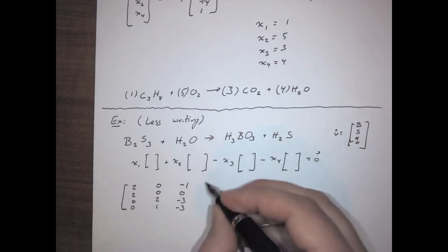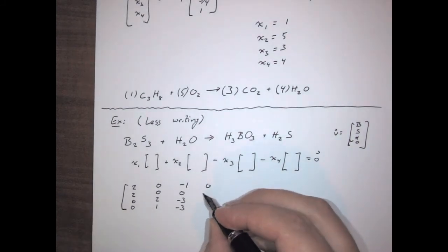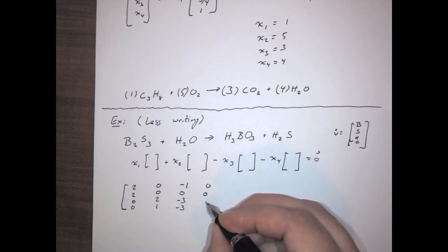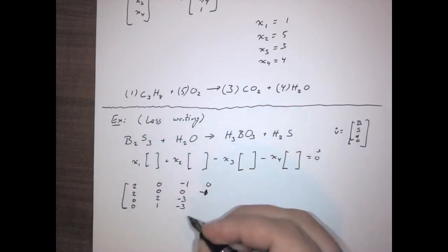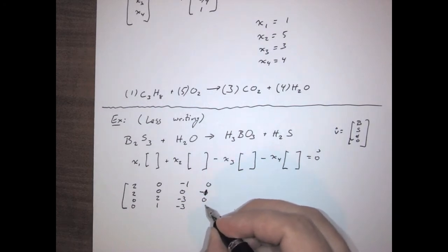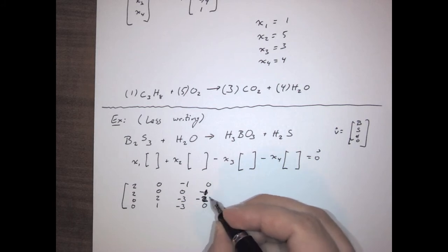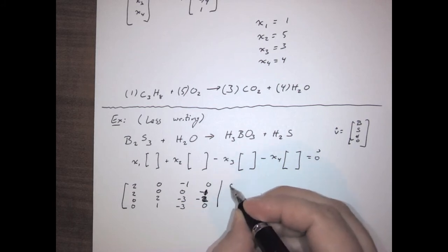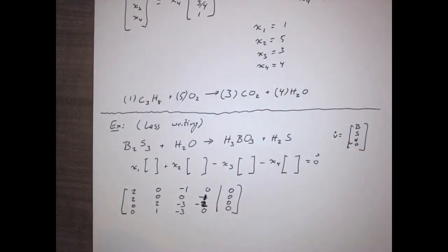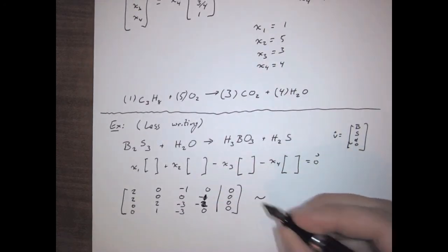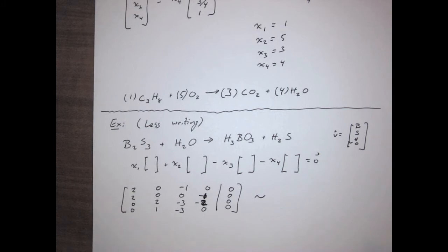And then lastly we have 0 for boron, 1 for sulfur, but it's on the opposite side, so it's going to be -1. And then 0, -2, and then 0. Sorry, getting a little ahead of myself there. And then 0, 0, 0, 0. It's useful for humans to write the augmentation bar, but not necessary.